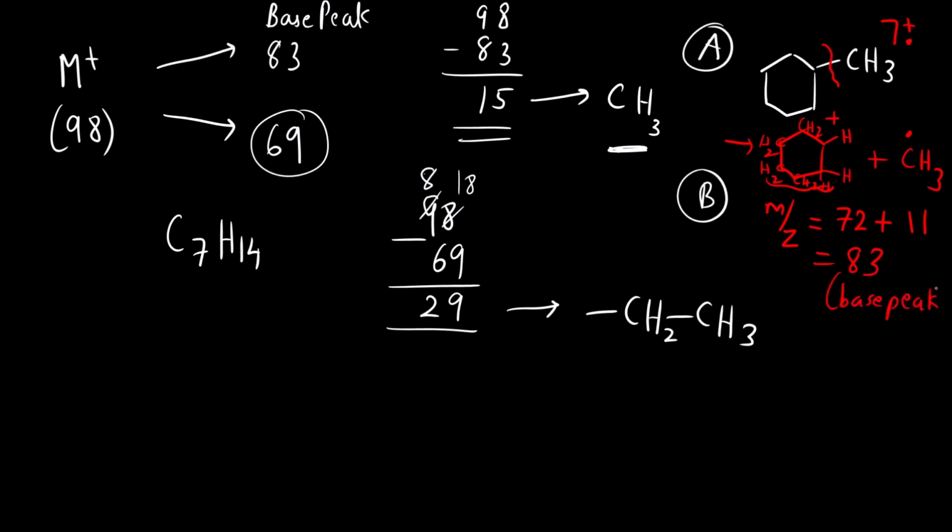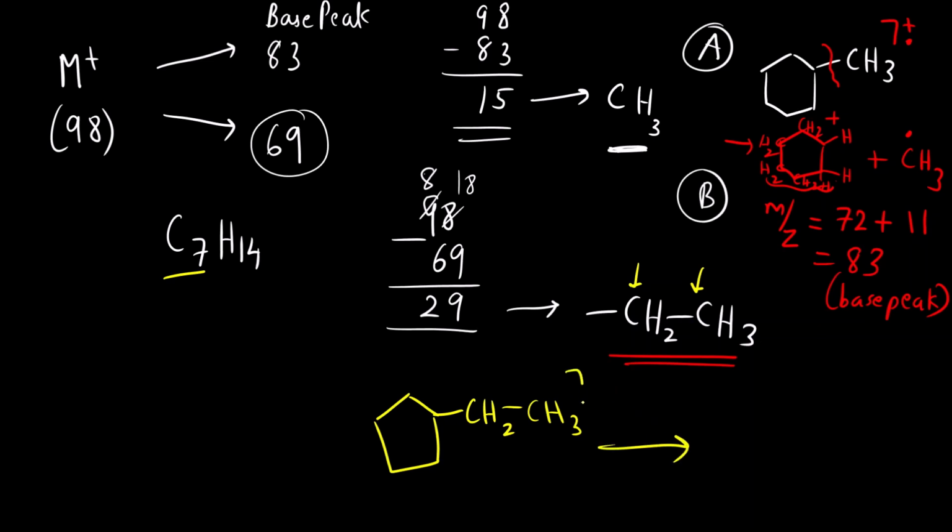Similarly, compound B, we know now there is an ethyl group. 2 carbons are involved in the ethyl group, so the remaining are 5 carbons. So it will be a 5-membered ring and an ethyl group: ethyl cyclopentane. Here also, to confirm, we can do fragmentation. This was m by z equal to 98.